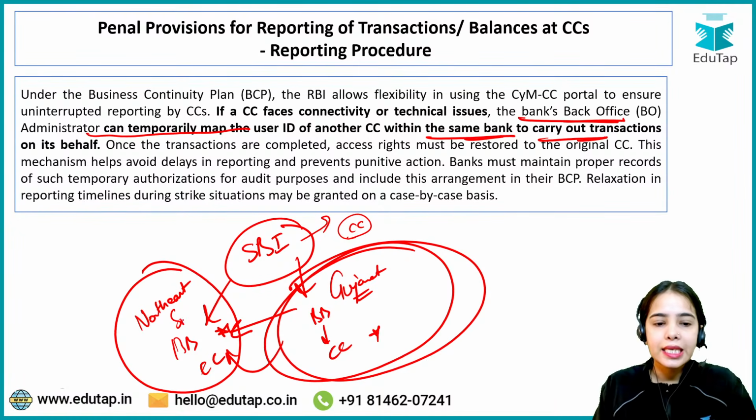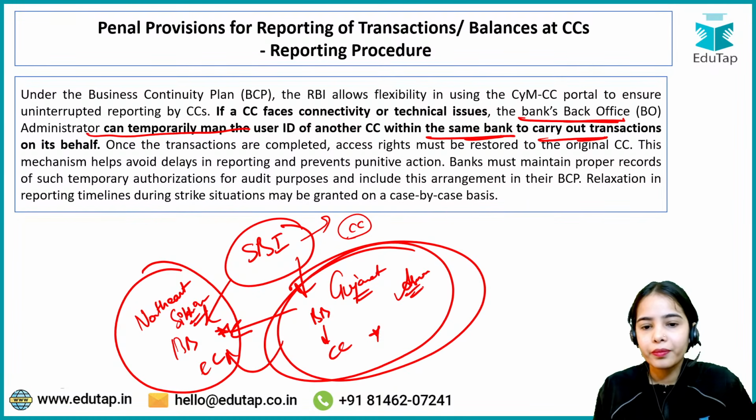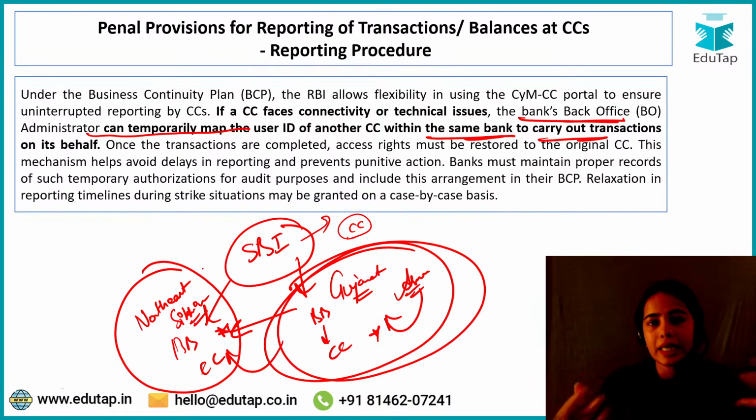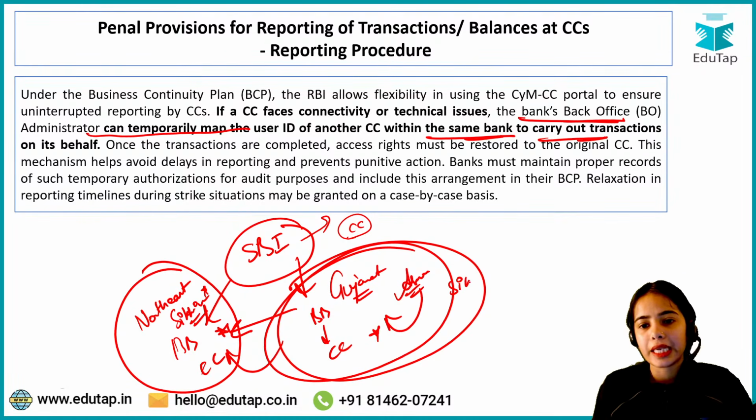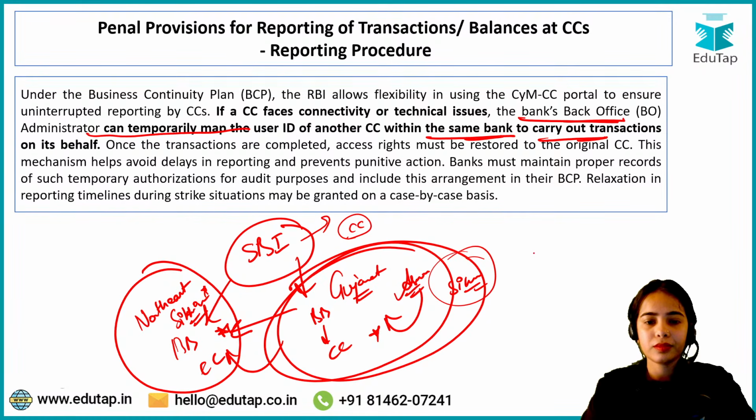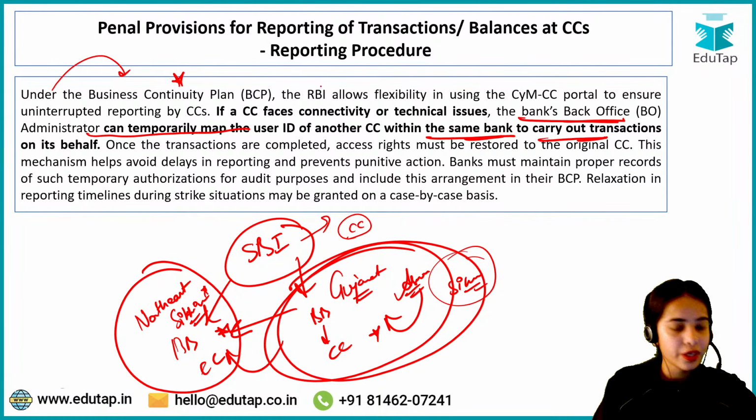So let's say in Sikkim the issue is coming, in a particular area, so from another area of Sikkim the issue can be handled. Okay, so this is the idea. This is the business continuity plan. Under the business continuity plan, the RBI allows flexibility in using the currency management currency chest portal. Okay, so now let's continue.